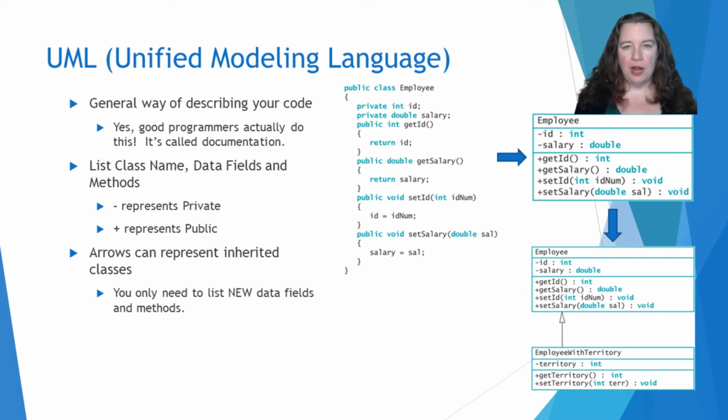So when you look at your actual code, every single line that's in your UML should be in the actual code, which means derived classes should be smaller or at least more contained than the base class that they inherited from. Do not repeat items that came from your base class. Those are in your base class. They're already documented there. They don't need to be documented secondarily in your derived class.